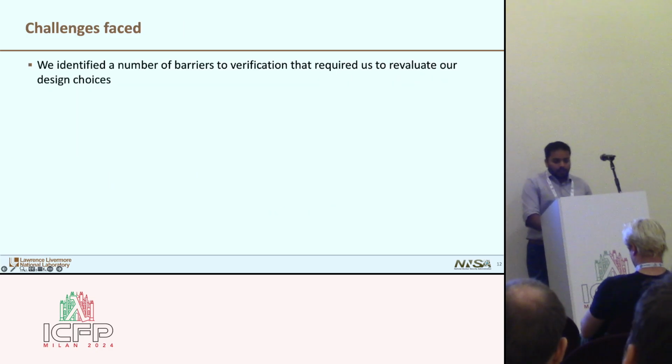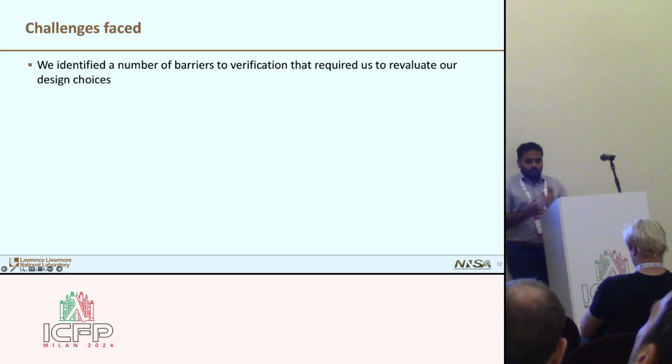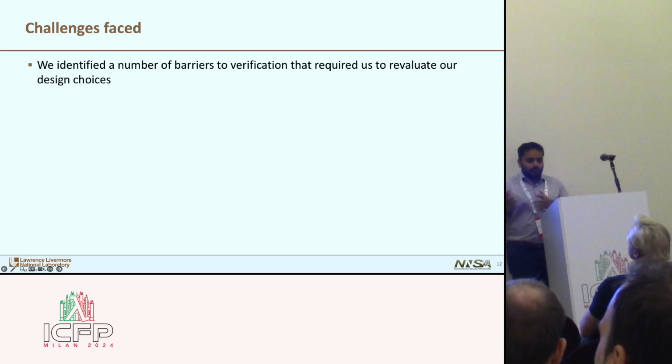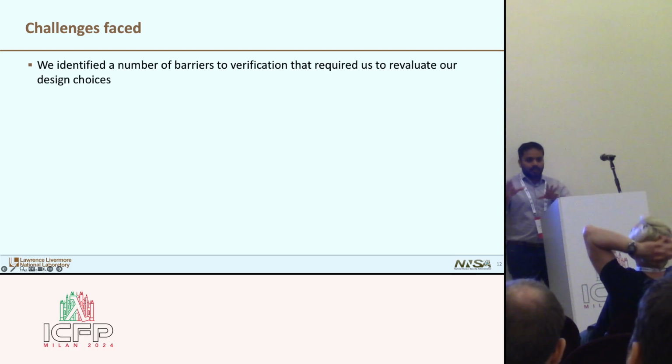So next I'll be discussing some of the challenges or barriers that we identified during our verification process. As I mentioned earlier, we started with a monolithic interpreter, and verifying that was challenging, because we could not use different tools according to their strengths to verify the interpreter. So we had to decompose the physical and the control states, and then this nice modularity helped us verify parts.